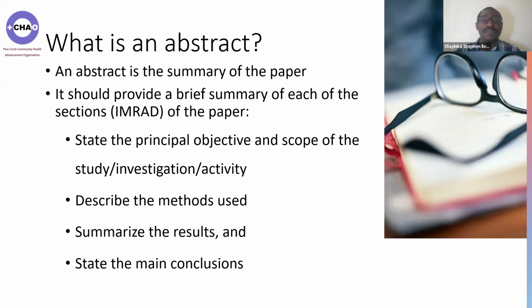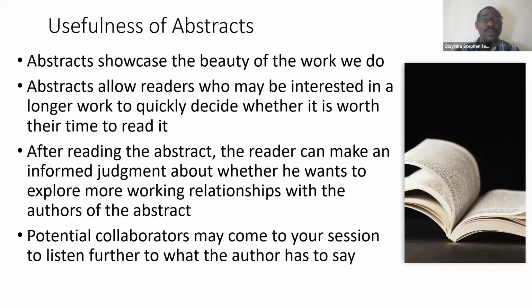It summarizes the findings or the results and it states the main conclusion. Now, the components of an abstract written out of a research work and the components of an abstract written as a result of a program or project or activity are almost essentially the same, aside from the semantics and aside from what is applicable. And that's what we'll be looking at as we continue.